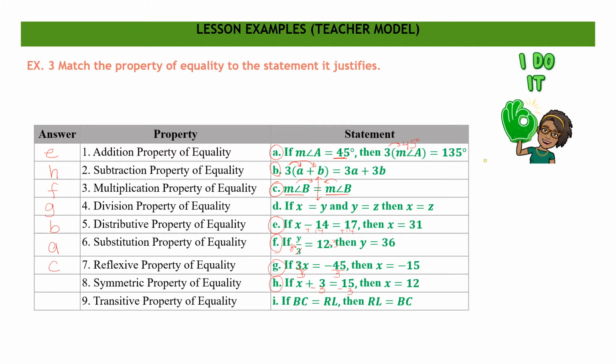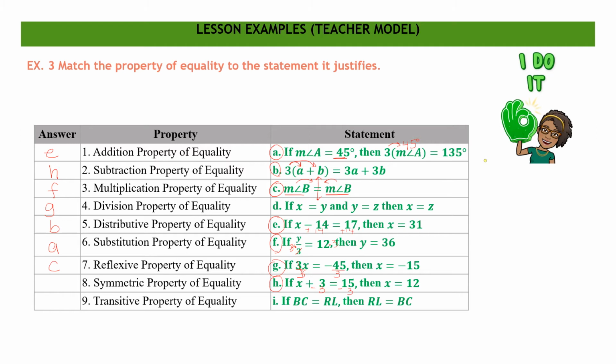Let's look at the next one, symmetric property of equality. So the symmetric property of equality pretty much means that it's a reflection, okay? Something that's the same on both sides. So it's very similar to reflexive, but symmetric means that I'm looking at one thing and it's telling me it's that thing, and then I'm looking at that thing again and it's telling me it's the original property or piece or part it was from before.